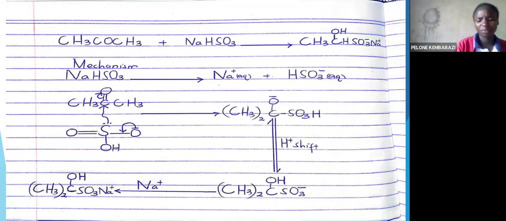And for equations which are reversible, where we have reversible arrows, once you are doing a mechanism, you should be serious with them, because you can easily lose that mark. The word you write, like proton shift or hydrogen ion shift, you should write it on the half arrow, or on the single arrow which is going where the mechanism is going.